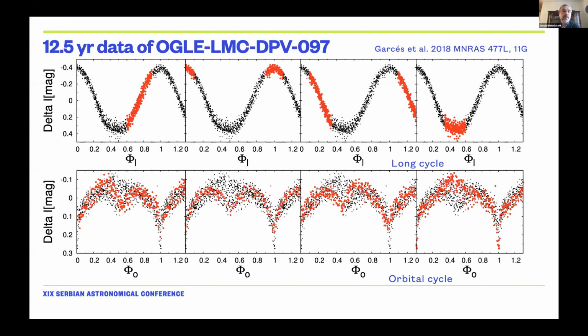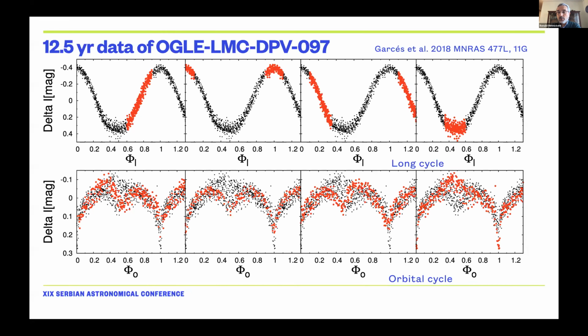And we notice that the shape of the orbital light curve during the ascending branch, here in red points, is different from the shape of the light curve during the maximum of the long cycle. It is also different from the shape of the orbital light curve during the descending branch, and different from the shape of the light curve during the minimum.